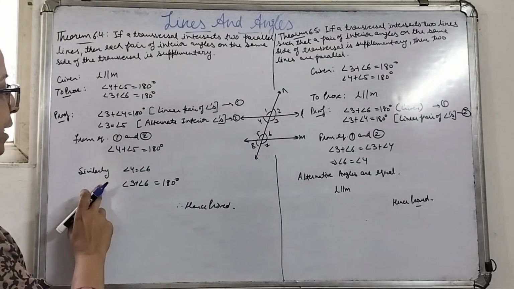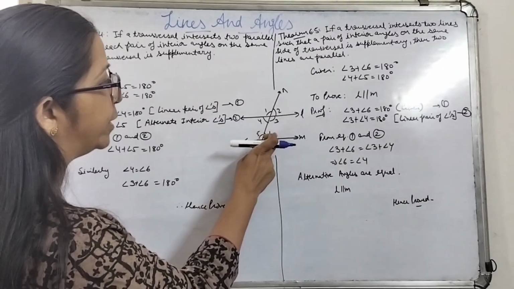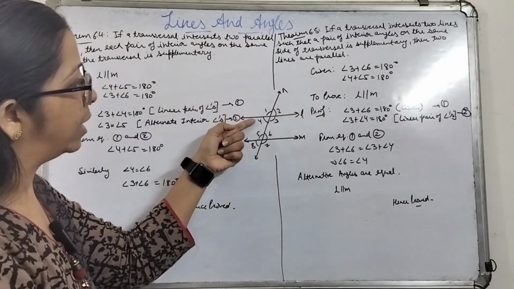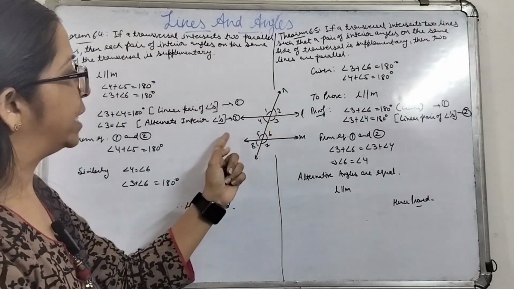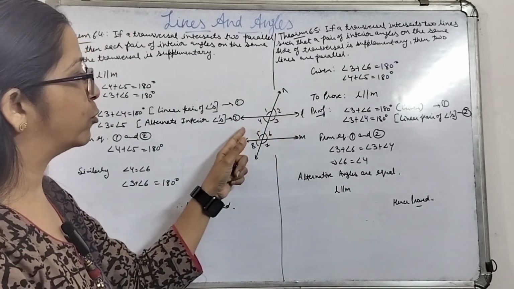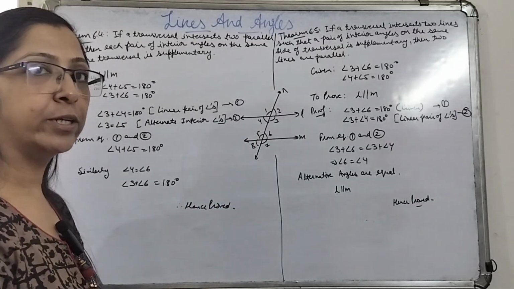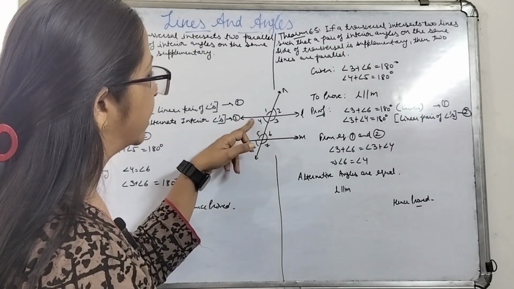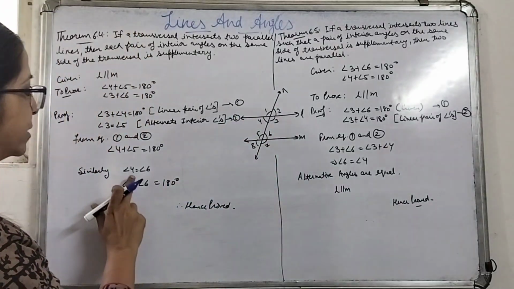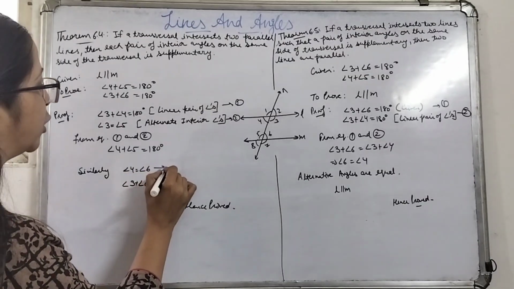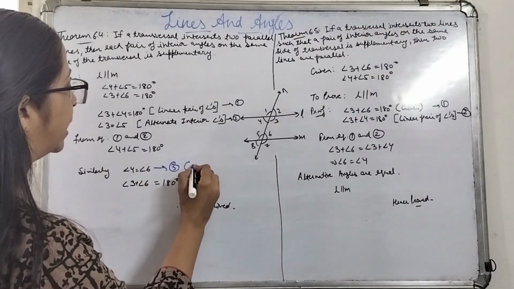Similarly, what we can say is that angle 4 is equal to angle 6 because they are alternate interior angles. Just now we said that angle 3 was equal to angle 5 as they were alternate interior angles. Similarly, angle 4 will be equal to angle 6 as it is also an alternate interior angle.